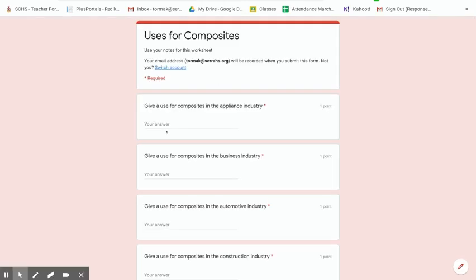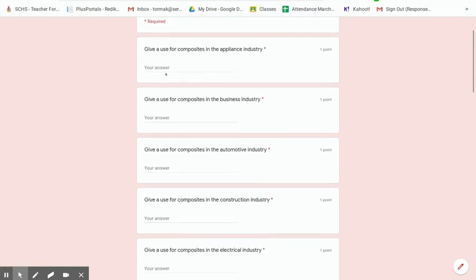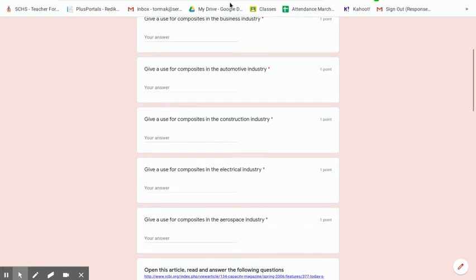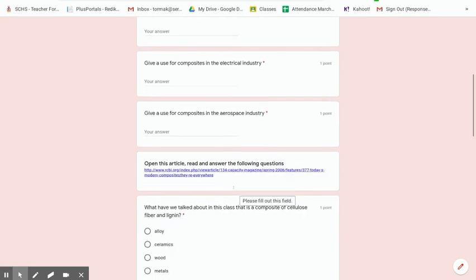I just ask that you put some examples, or you can even say give a use, like just write an example in for each of the industries that are listed here. So construction, electrical, aerospace, just put one example of what piece or equipment is used for each different industry.